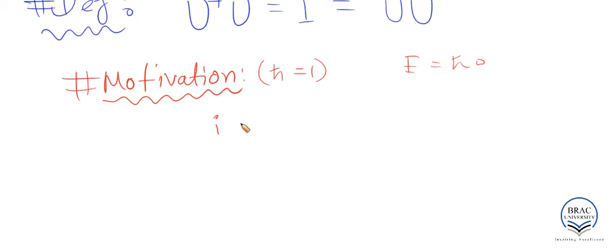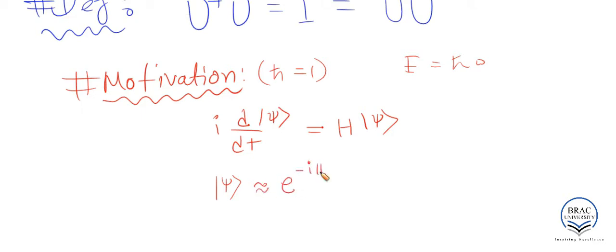So this is just i d/dt of the state, recall that we called this a ket vector in one of our lectures. This will be given by a Hamiltonian operator acting on the state. And the solution of this state, since these are time dependent, will come out as this, where this is some initial state at t equals 0.